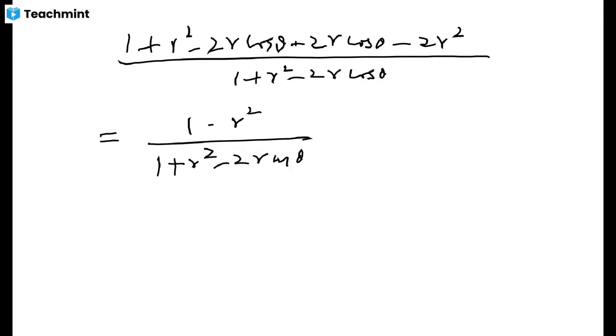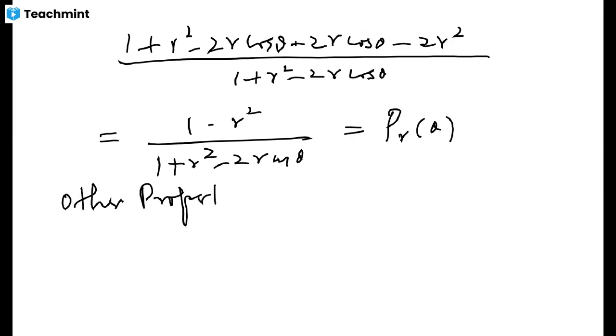So this is another expression for this Poisson kernel. There are other properties also that I will leave for you as an assignment, 3 or 4 properties which I'm going to just state for you, and that you have to verify for this Poisson kernel.